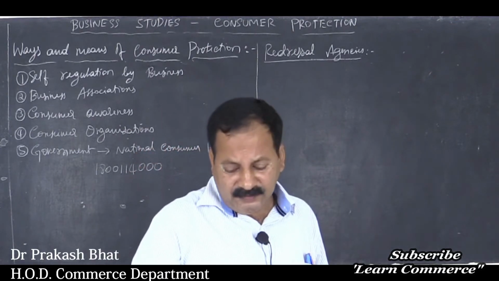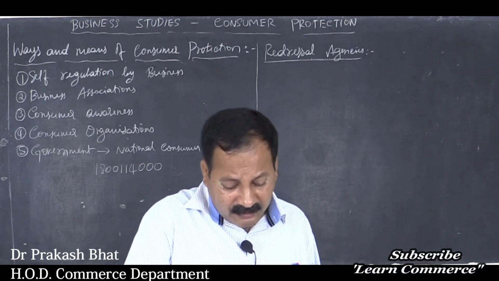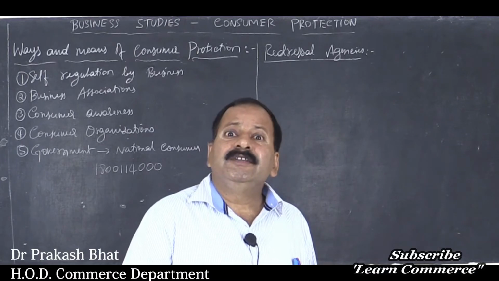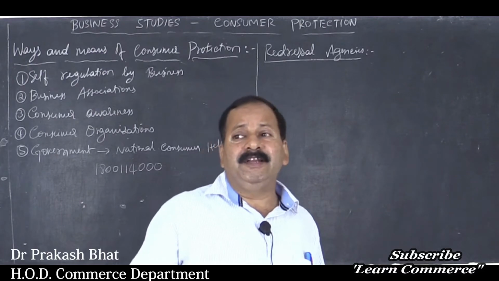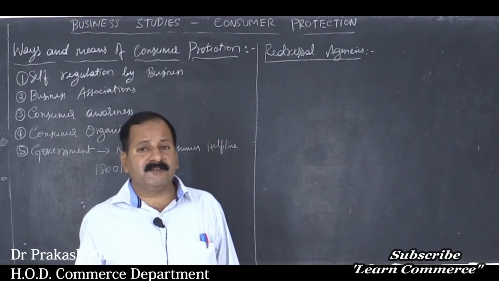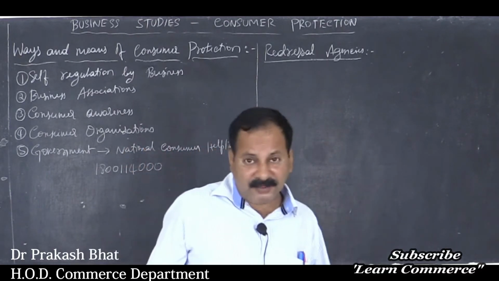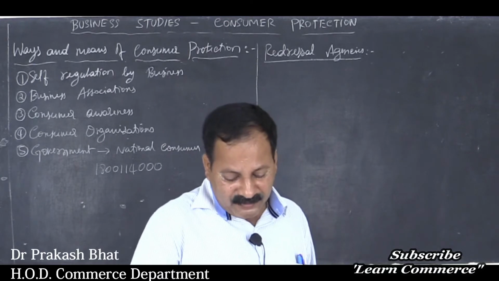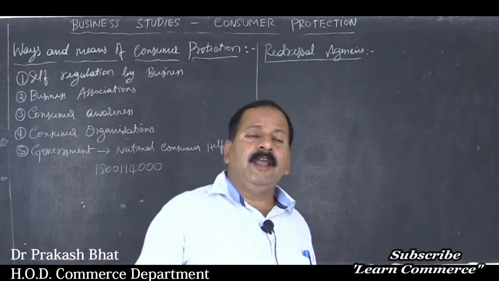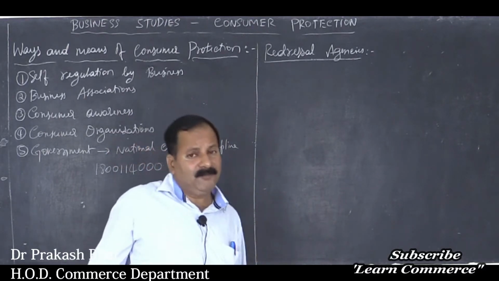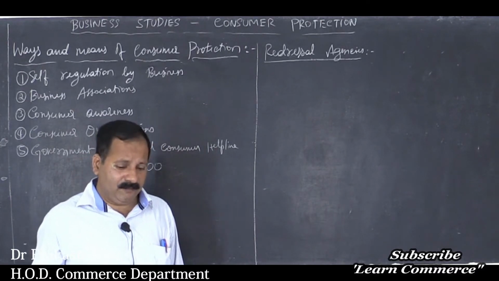So during that time, the government becomes a consumer. The government can also file a suit in a court of law, or the legal representatives or legal heirs of a deceased consumer. If a consumer has filed a suit and expired, the legal heirs can continue to challenge the case further. And any complaints are to be lodged under the Consumer Protection Act. So these are the people who can file a complaint.